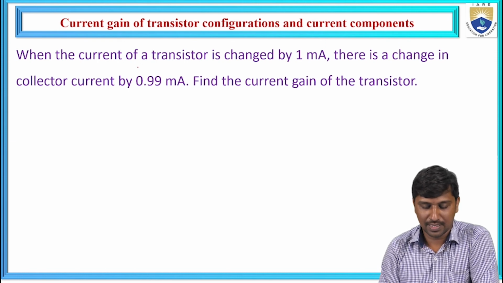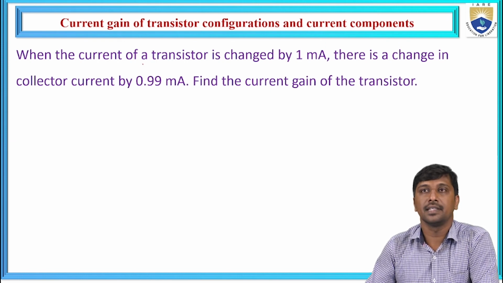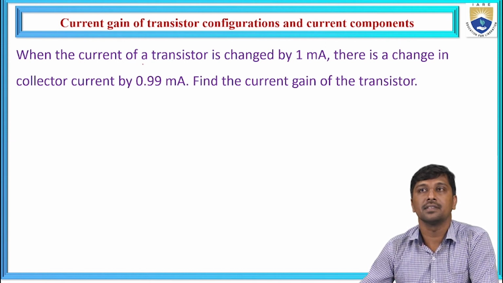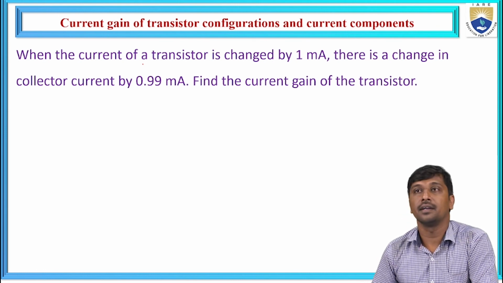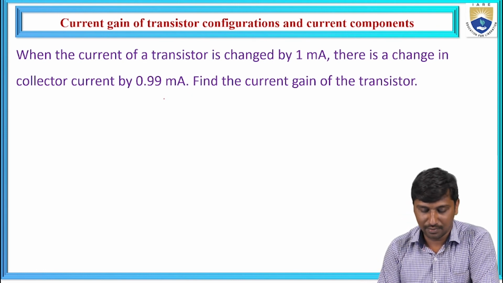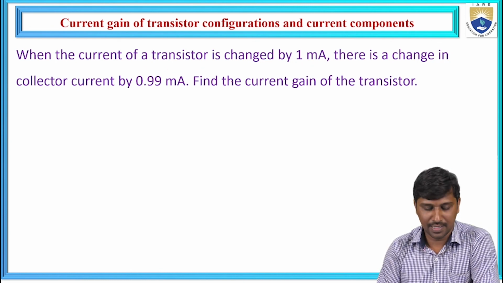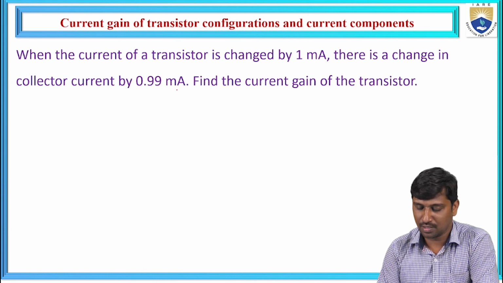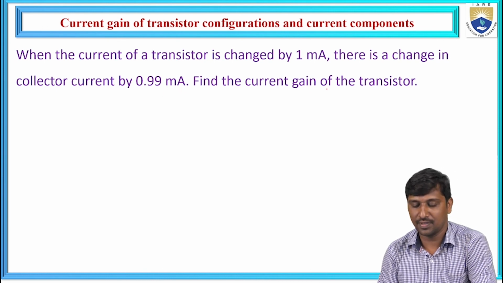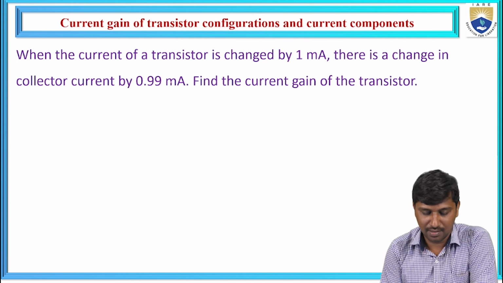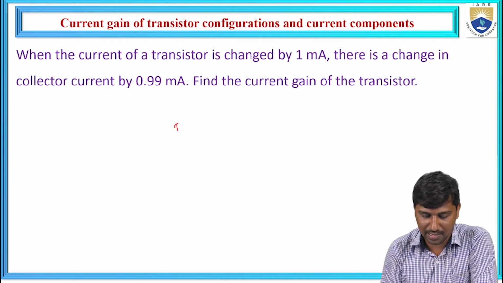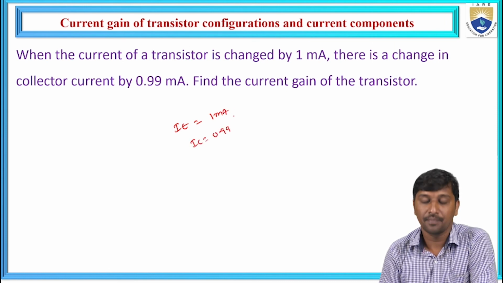Now the next question is: when the emitter current of a transistor is changed by 1 milliampere, there is a change in collector current by 0.99 milliampere. Find the current gain of the transistor. The current of a transistor means IE. So the IE value is 1 milliampere, the IC value is 0.99.